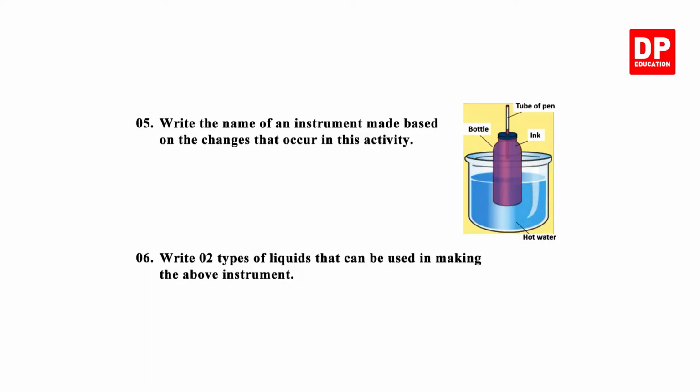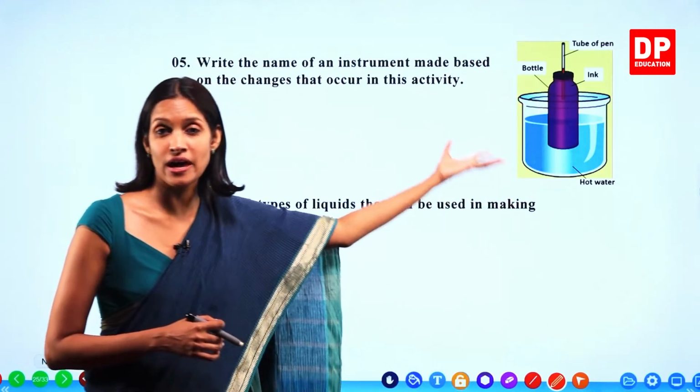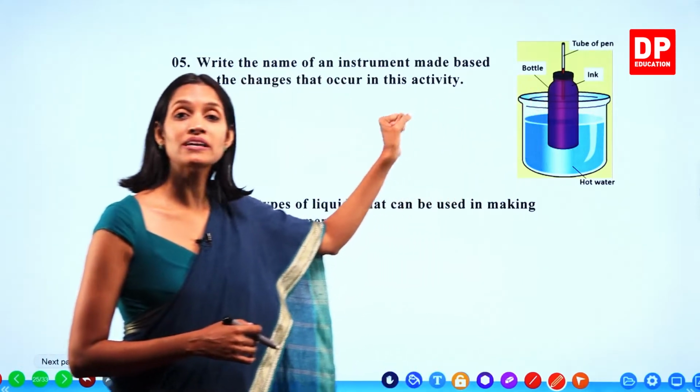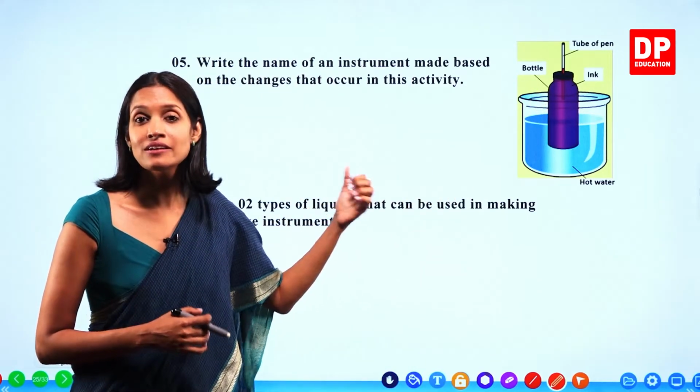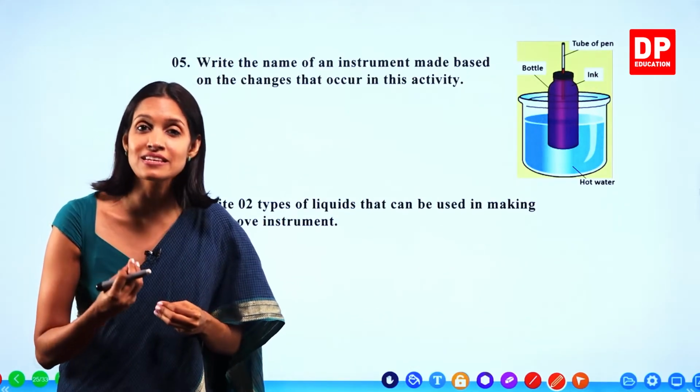Write the name of an instrument made based on the changes that occur in this activity. So what is the change that occurs in this activity? Because of absorption of heat, what happens to the liquids? Here the colored water expands. Based on the expansion of liquids, what is the instrument made, children? Thermometer. You all know that the bulb of the thermometer contains a liquid.